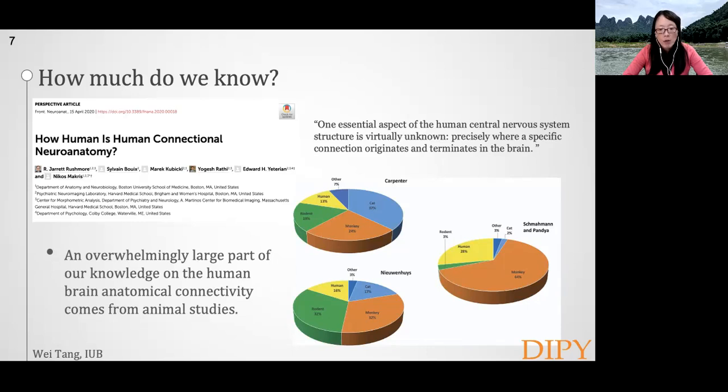That is, we infer the pathways in humans from observations in animals by assuming cross-species homology. This means a large part of the human brain connectivity is still unknown. To quote the authors of the review, one essential aspect of the human central nervous system structure is virtually unknown: precisely where a specific connection originates and terminates in the brain.